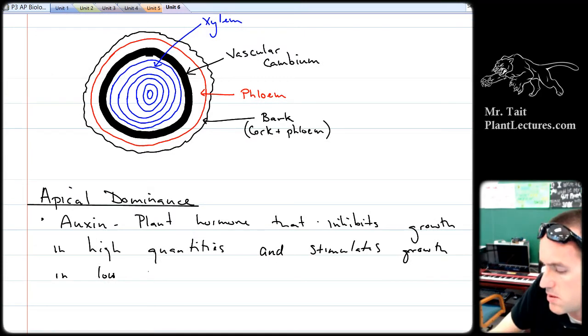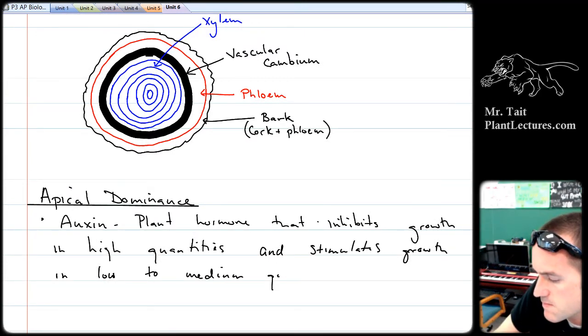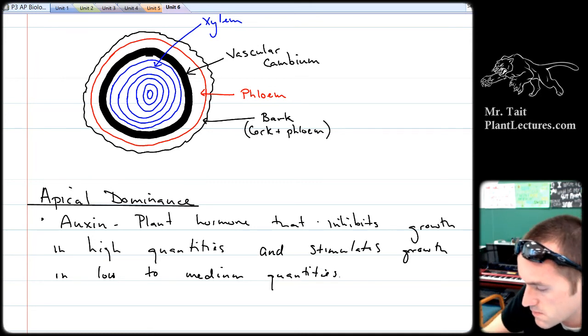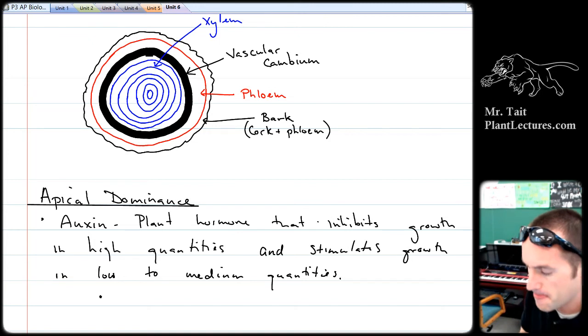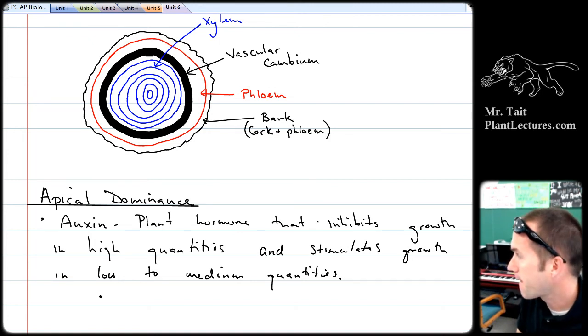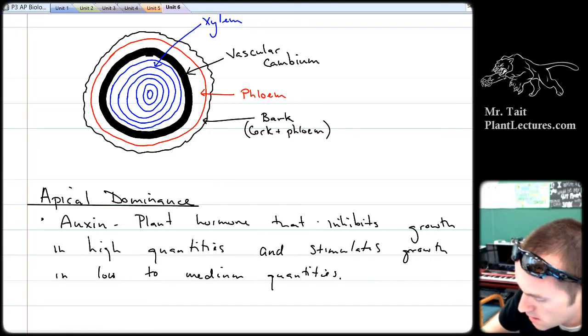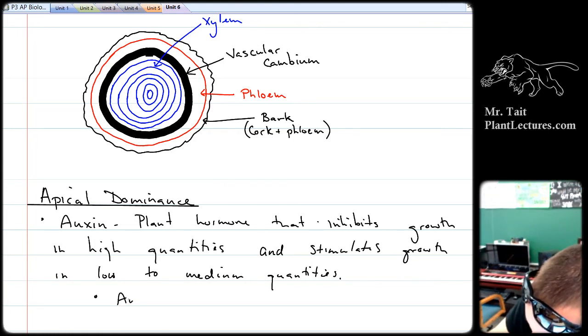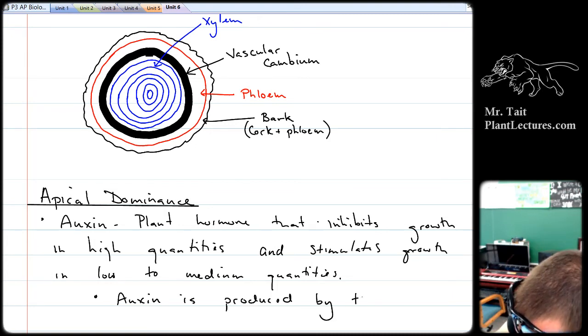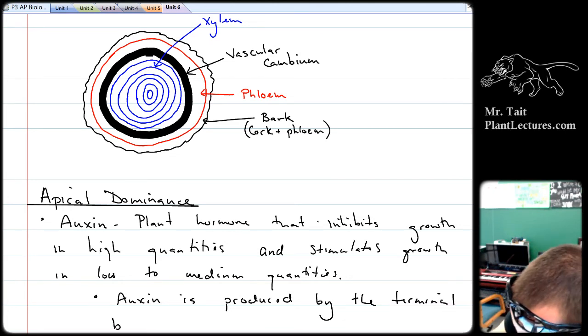So, auxin is produced by the terminal buds.